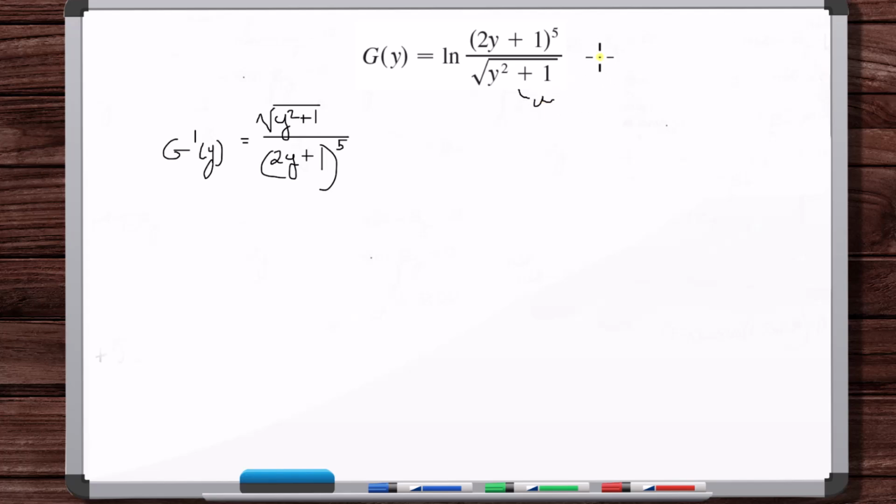So when we're taking the derivative, we're saying 1 over u times u prime. So we're going to take the derivative of this as a whole. It's pretty much starting a brand new problem because this step is kind of its own problem. So, right, we did 1 over this times the derivative of this.